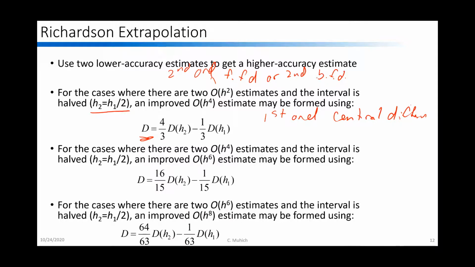We can go to even higher order estimates using Richardson extrapolation. Let's say I take 2 order h squared estimates, so this would be our second order central difference formula. Or, sort of coming down here in a Romberg-like estimate, we can use this formula, which says my derivative is 16/15 dh2 minus 1/15 dh1.